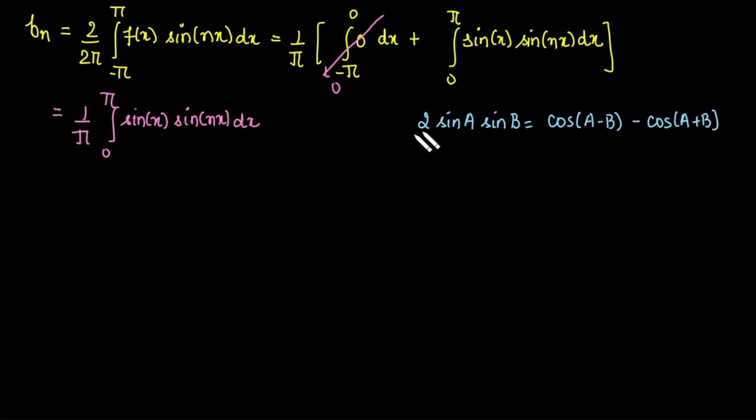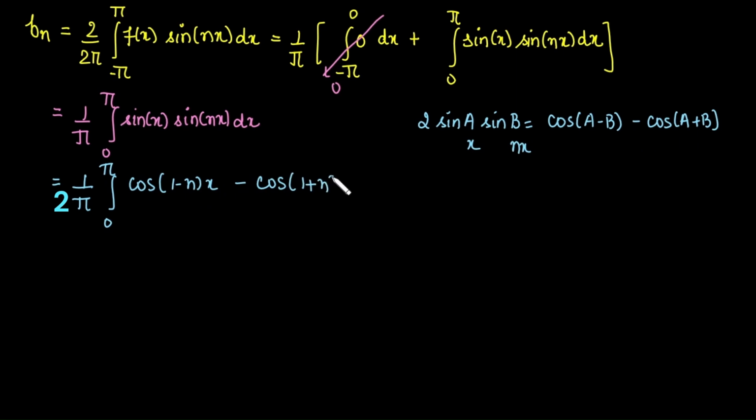A in this case is x and B is n into x. So we are going to use this form, and we have 1 upon pi, 0 to pi, cos of A minus B, that is 1 minus n into x, minus cos of A plus B, that is 1 plus n into x, integration with respect to x. This is equal to 1 upon pi.